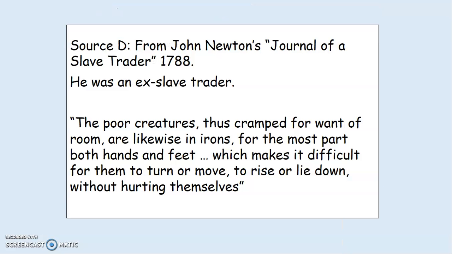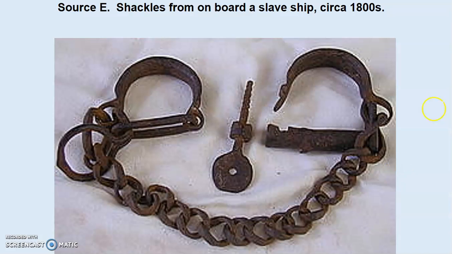Here we see some information from an ex-slave trader, again telling us more about the conditions in which people were forced to travel in. Here we can see the shackles, the chains in which people were kept in on the slave ships.